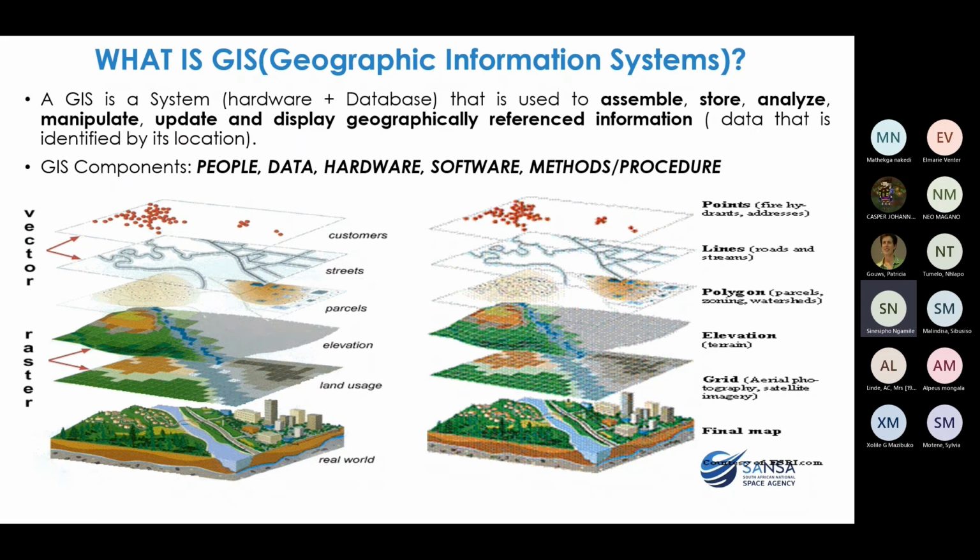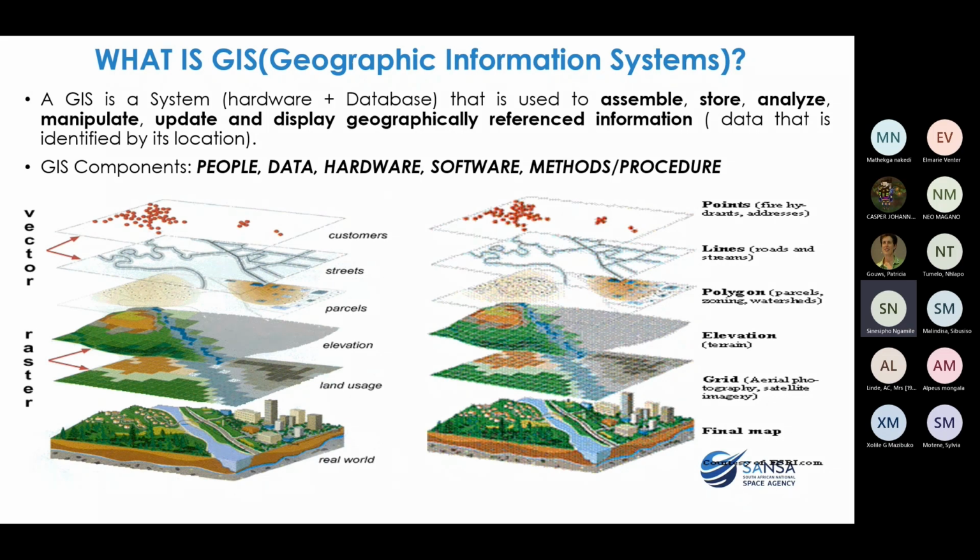So essentially, in simple terms, we are trying to take the real world and put it into a 2D representation that is a map. So we take the real world and then we represent it in a 2D representation, or we represent it in a map.